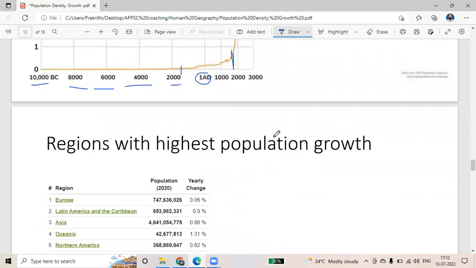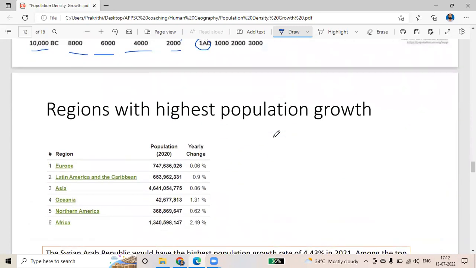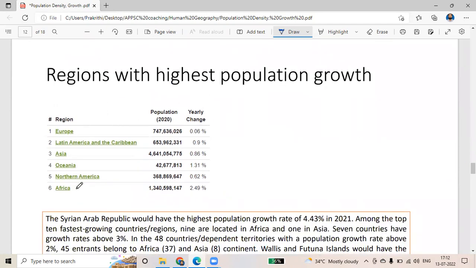Now we can see the regional growth. Which area has the highest population growth? The highest growth is for Africa. Second largest population distribution is in Africa. In density, Africa is third, sorry, fourth.